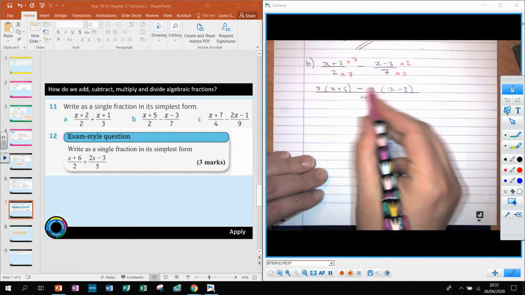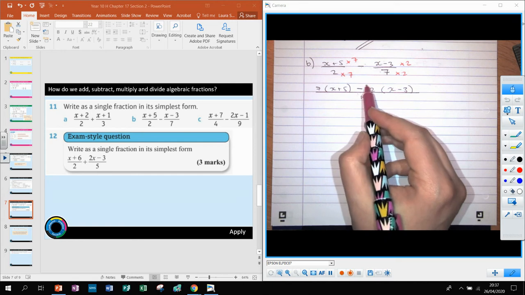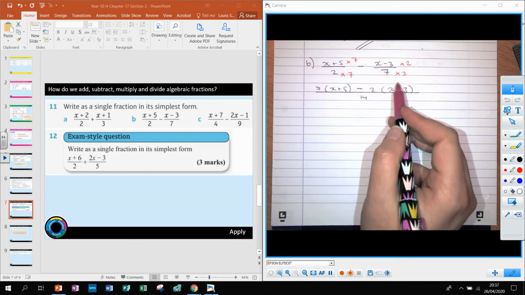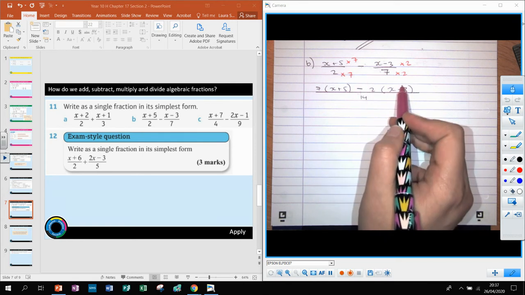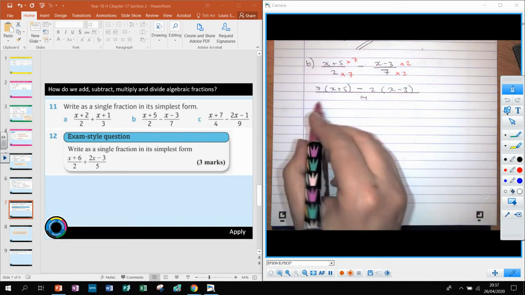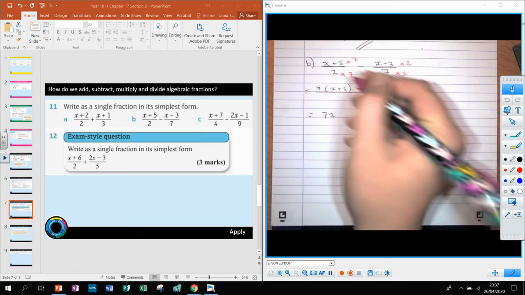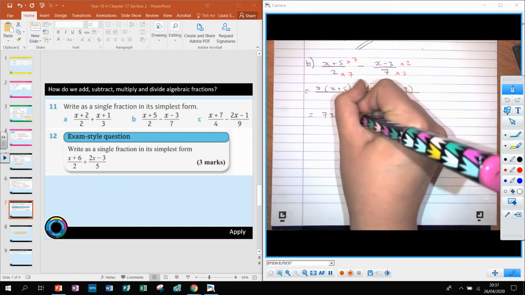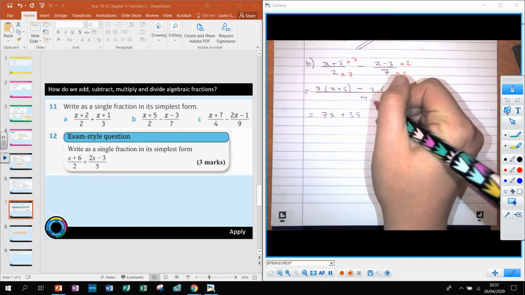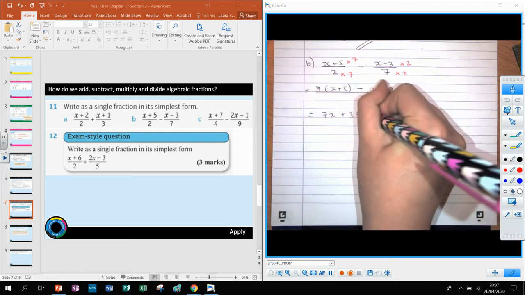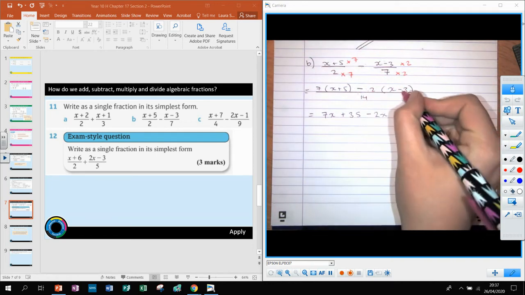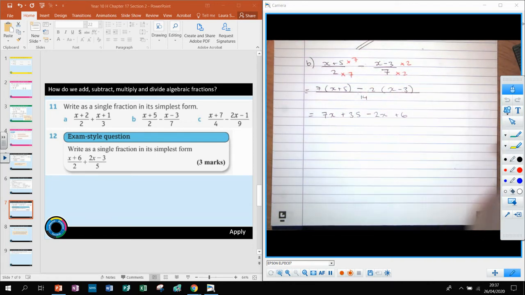Now this is why you have to write it like this, because if I was just to do negative 2 times the x, I might forget that I'm actually doing negative 2 times the negative 3 as well. So let's expand. We have 7 times x, which is 7x, and 7 times 5 is 35, okay? Negative 2 times x is minus 2x, and negative 2 times negative 3 is plus 6.